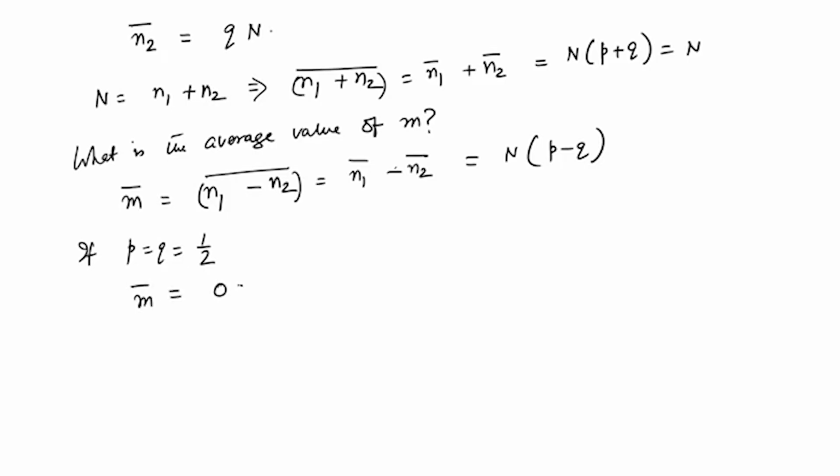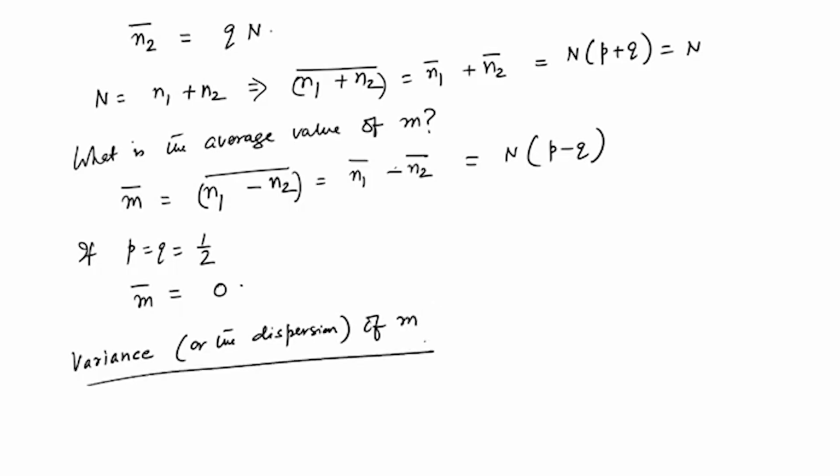But in general, of course, that is not true. There is one more important quantity called the variance or the dispersion of m, which we get through delta n 1 square average.